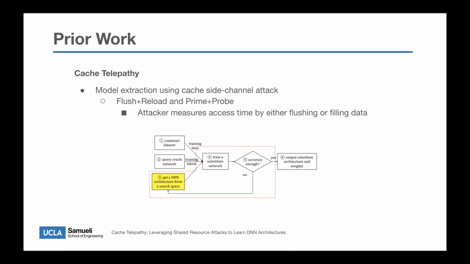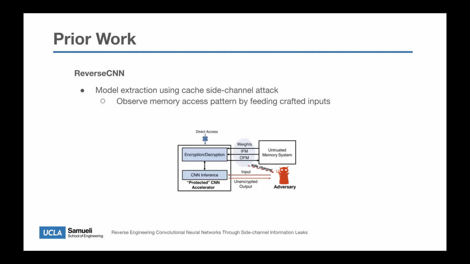An interesting thing about this work is that it requires some kind of inside knowledge about the victim model that they're going to attack. Another work that this paper compares against is called reverse CNN. It's also a model extraction attack using cache side channel attacks.